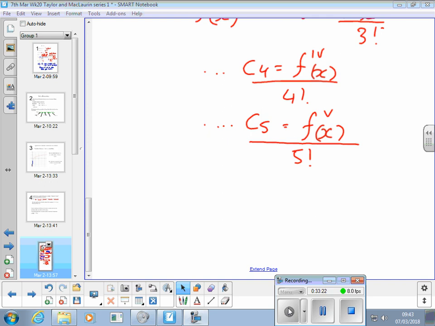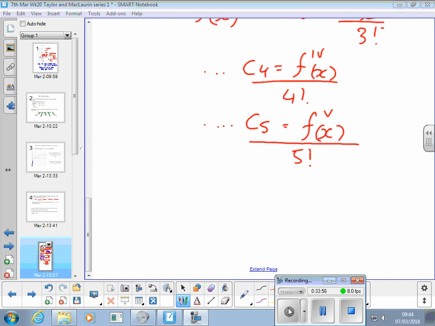But what I'm trying to do here at the moment is show where the Maclaurin series comes from. Once we've done that, we'll just use the Maclaurin series formula to model some functions that we know the shape of anyway. Alright?